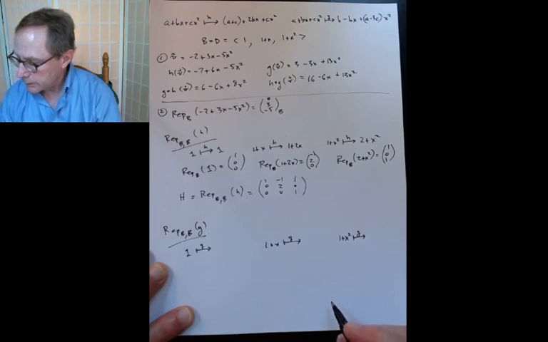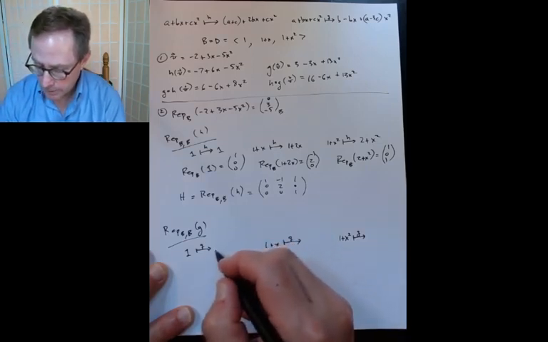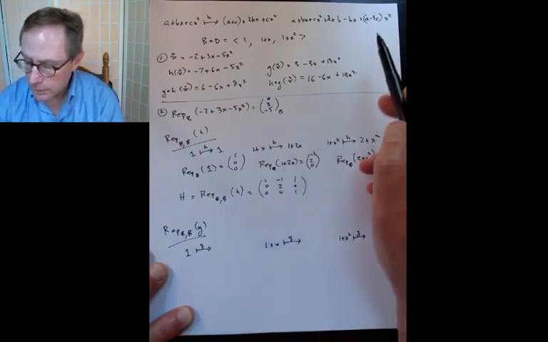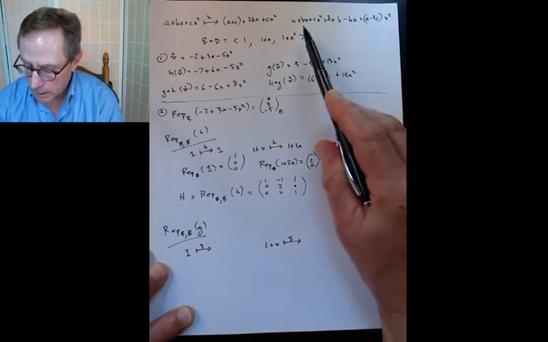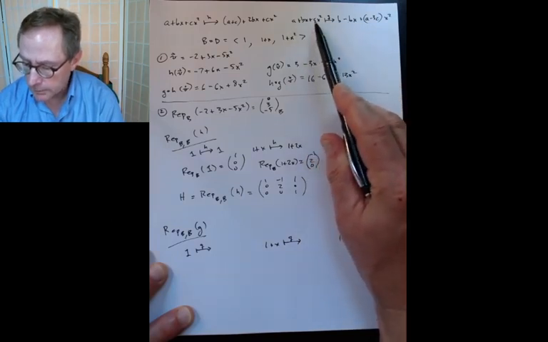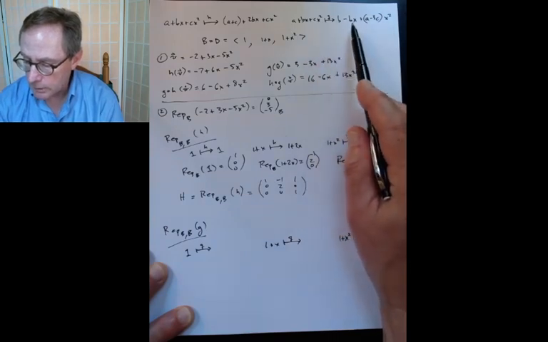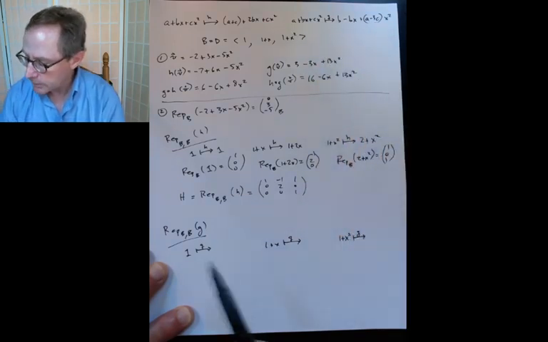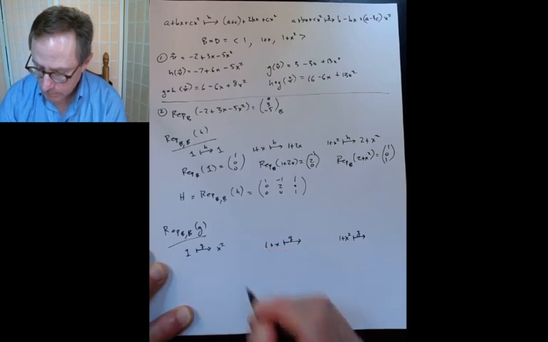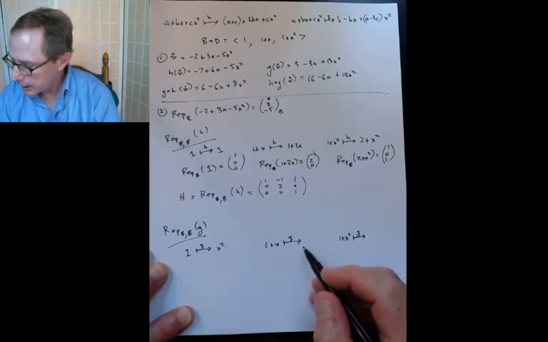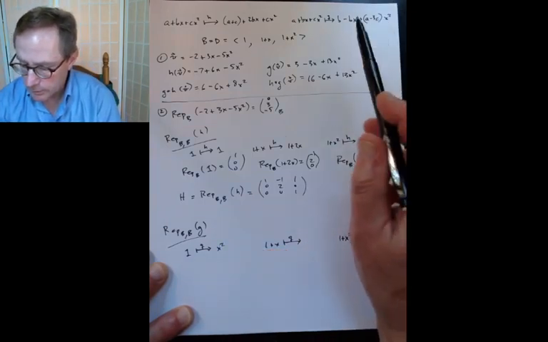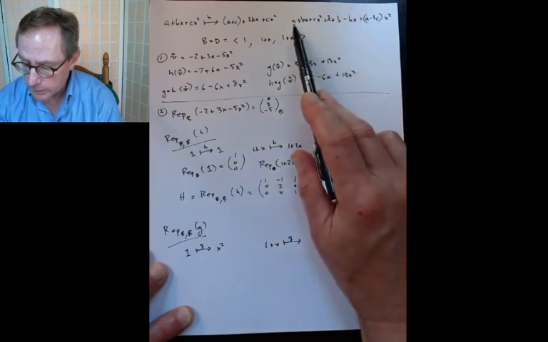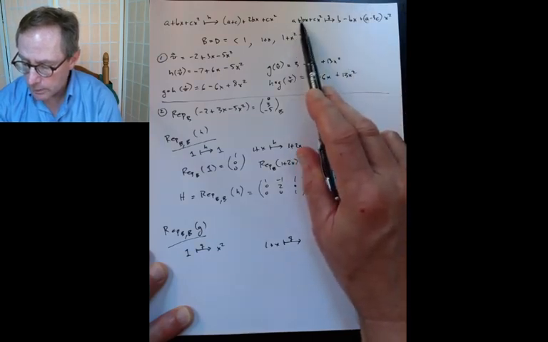And let's see, this is going to be what under G. I need A is 1, B is 0, C is 0. So I get 0 minus 0x, so 1x squared. So I get x squared. For 1 plus x, A is 1, B is 1.